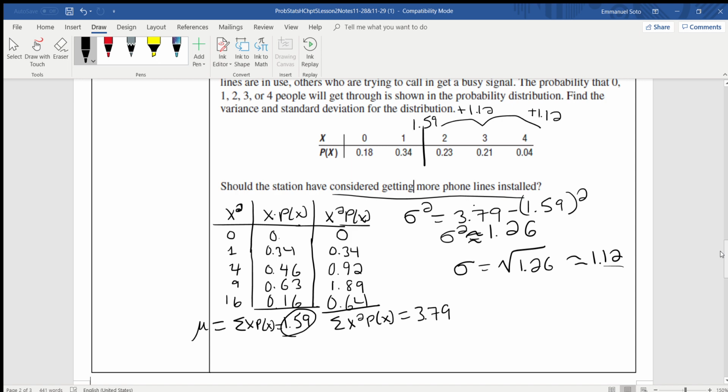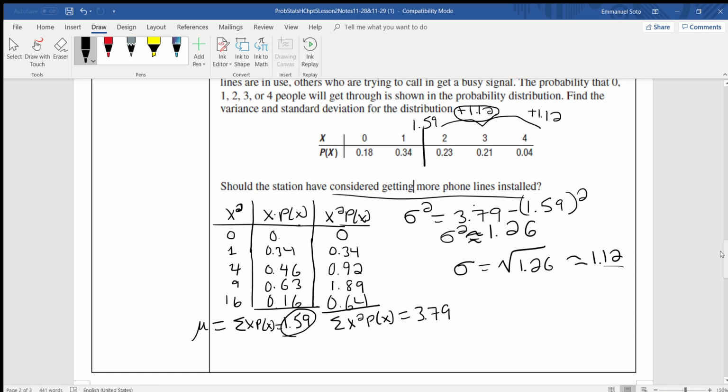So on most occasions, we should be fine with having 4 phone lines, because usually the most that it will spread to is about 1.59 plus 1.12, which is still less than 4. So that means that we have plenty of phone lines. There's a very rare chance that we'll need more than 4 lines.